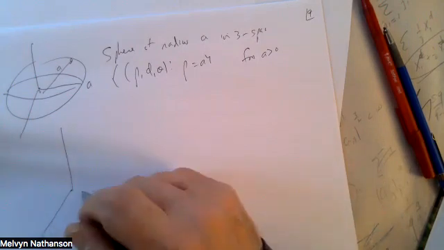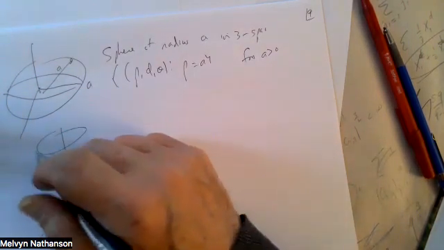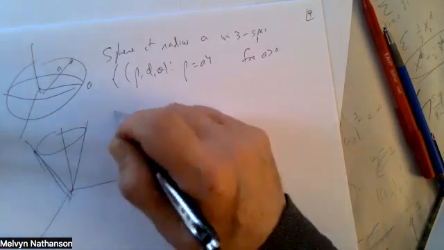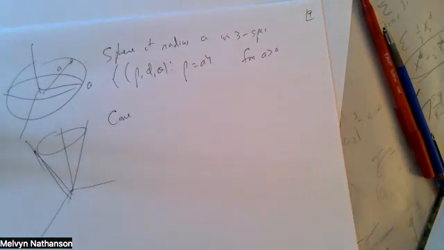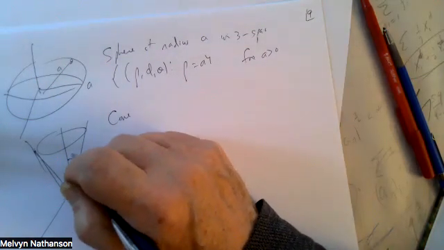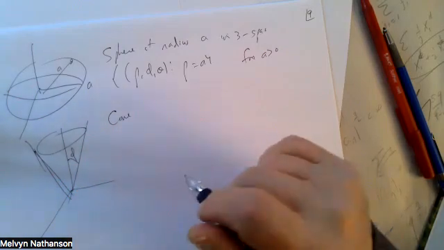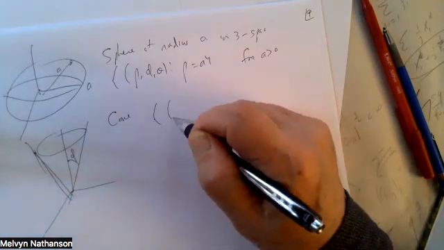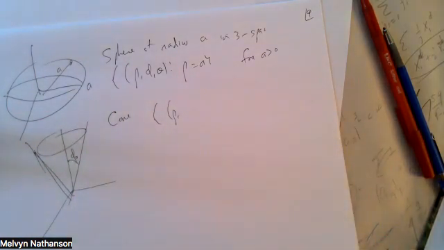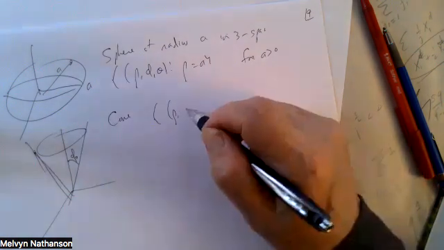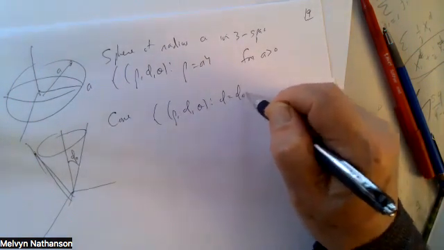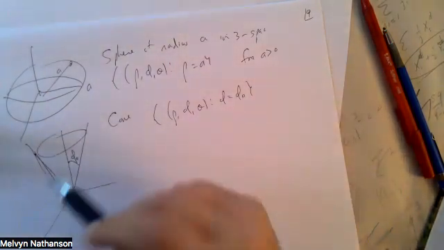A cone is also easy to write down. Even easier than in cylindrical coordinates. Suppose we take the cone, and this cone is described by all points that make an angle phi with the positive z-axis. Let's say some fixed number phi naught. All points rho, phi, theta, where phi is equal to this angle phi naught.